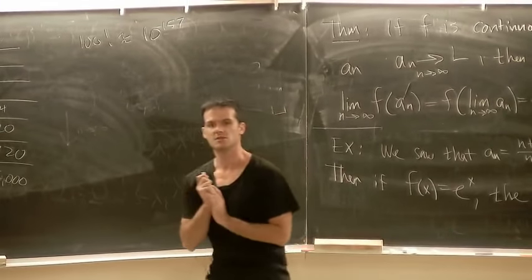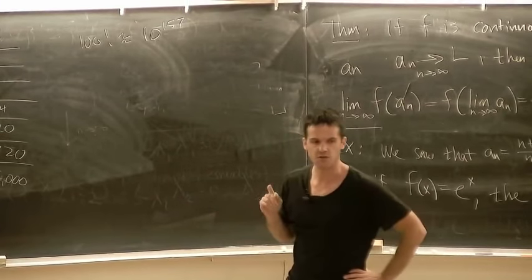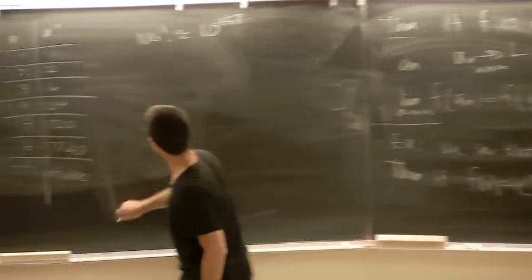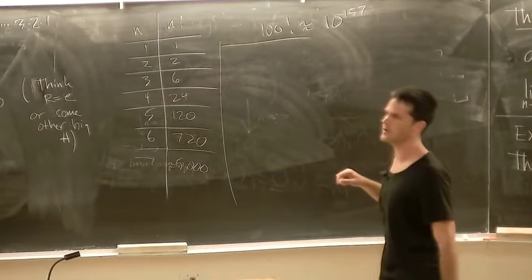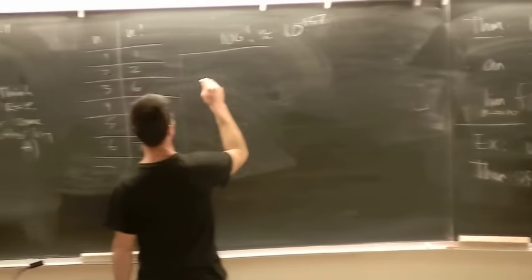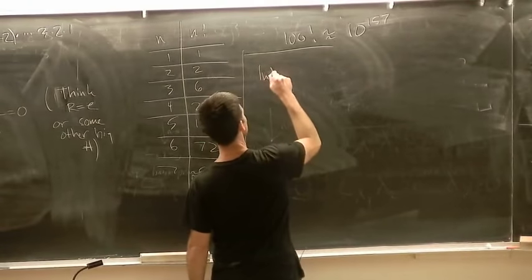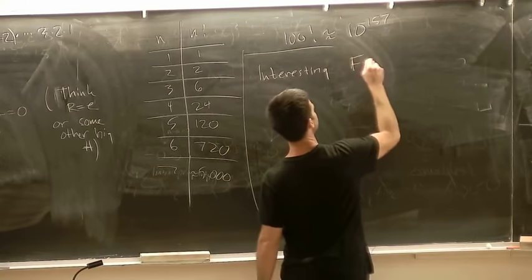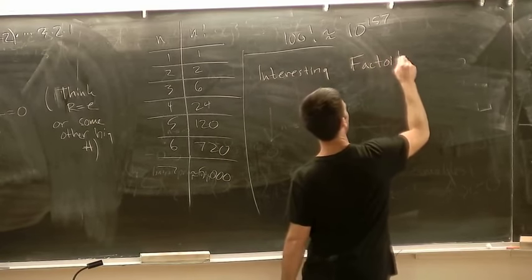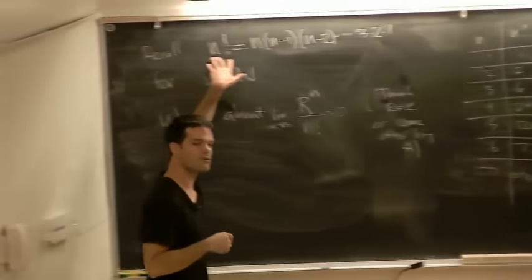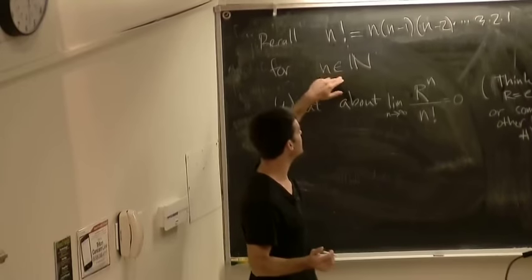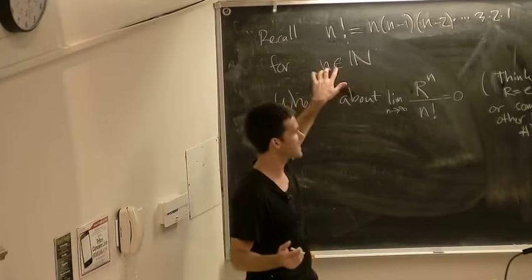There's an interesting question related to factorials, which I would really love to get into, but I don't have time, so I'm just going to point it out. Mathematicians at one point were asking themselves the question of, can this function factorial be defined for non-integers? I only gave it to you for when n is a natural number.